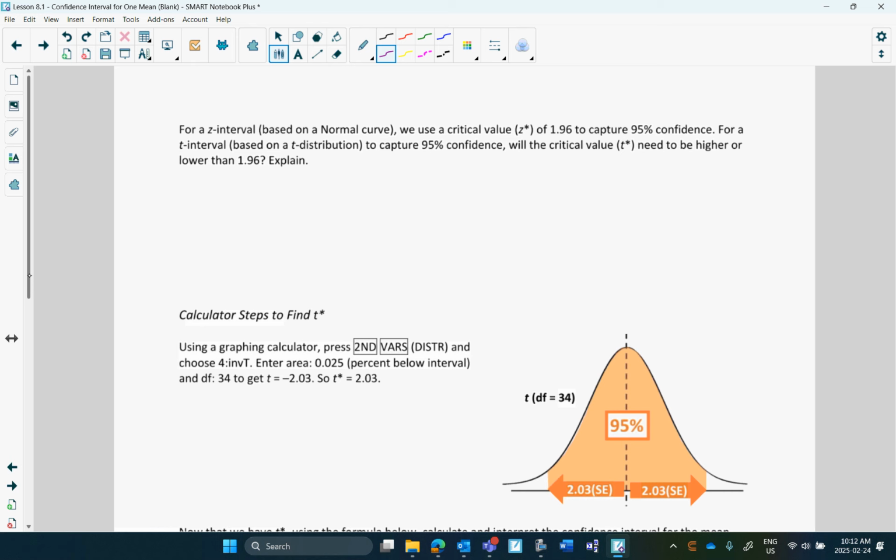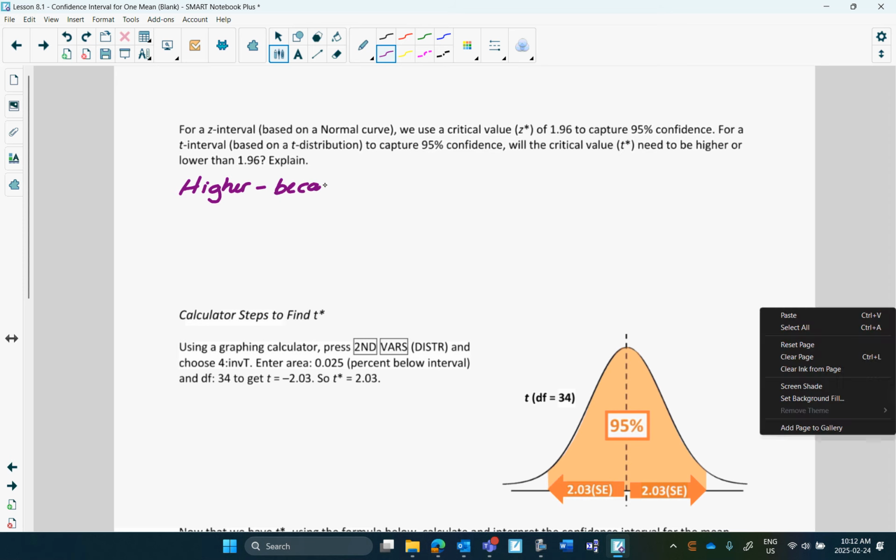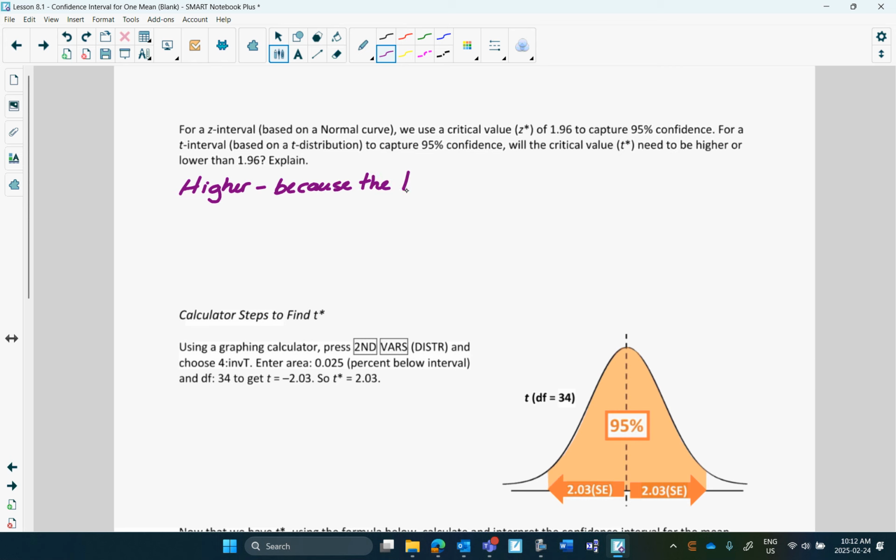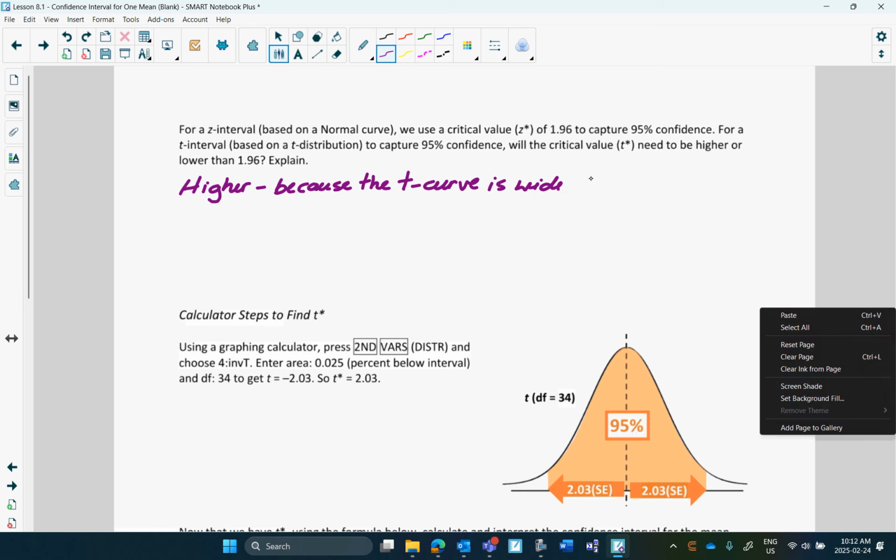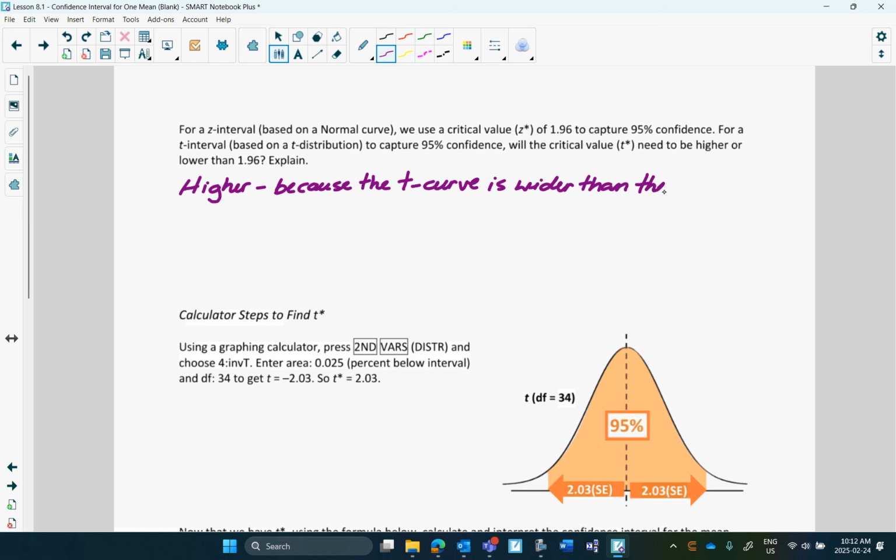For a T interval to capture 95% confidence, we need to figure out the critical value, but we know it's going to be higher, because the T curve is wider than the normal curve.